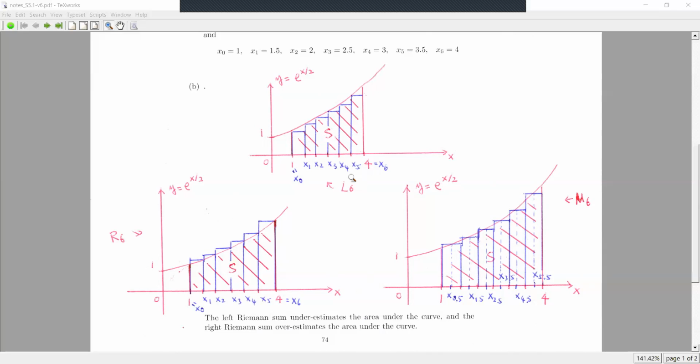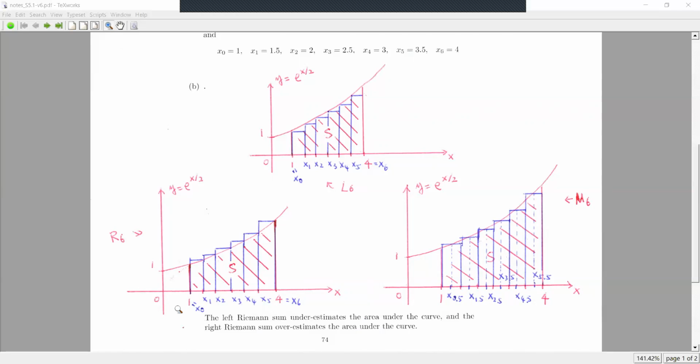So the left Riemann sum underestimates the area of the region S, because L6, the sum of the areas of these rectangles, is less than the area of the region S. So L6 underestimates the area of S.